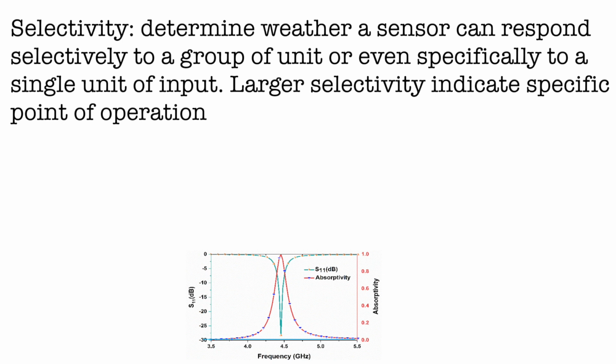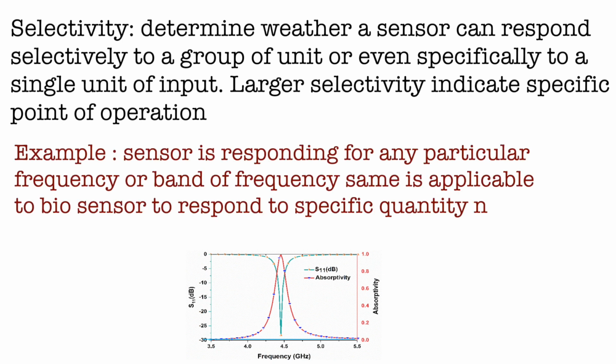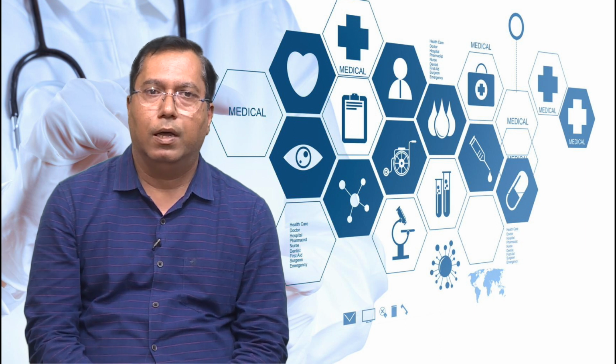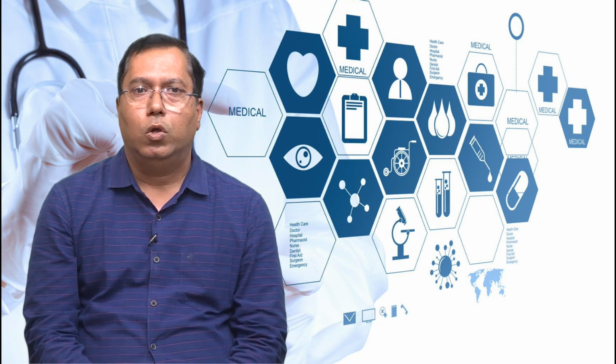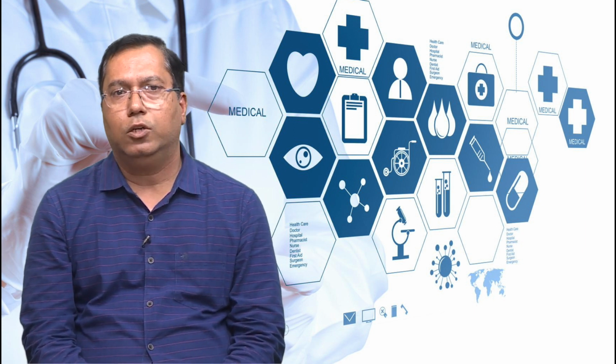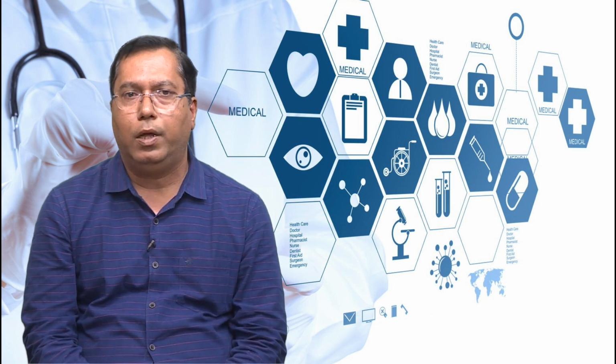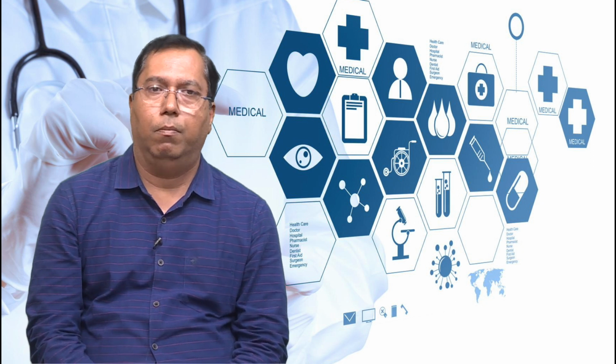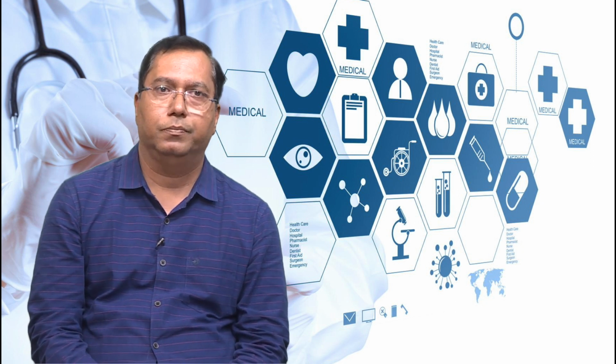In this diagram we can see that the sensor is responding to a particular frequency or band of frequency, and the same thing is applicable to a biosensor, which should respond to the specific quantity, not to the others. Suppose we are using that biosensor for measuring blood properties. Then that sensor should respond to the particular element of blood, not to the other elements of the blood.